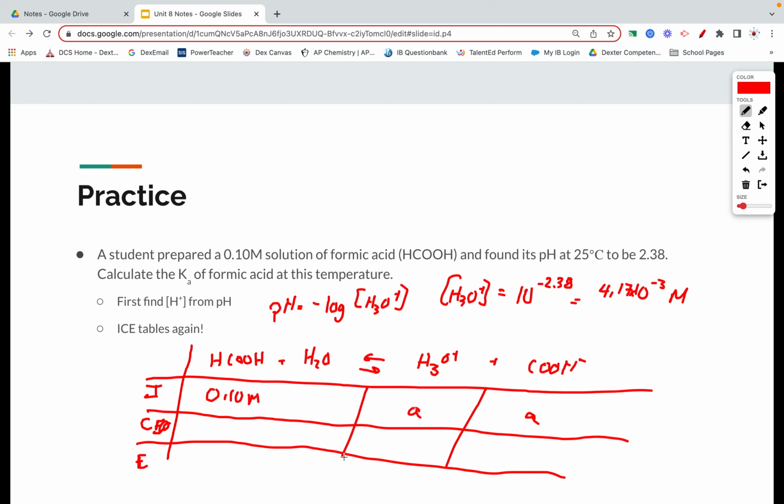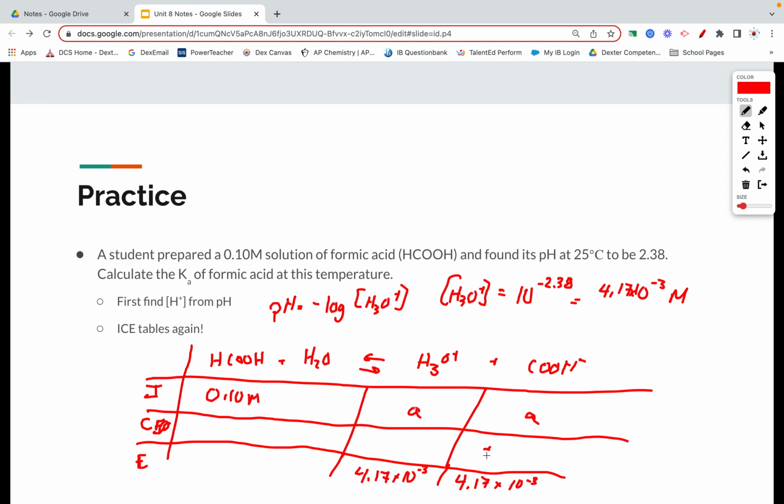And we know our equilibrium concentration because we have our pH, and our pH is based upon our equilibrium concentration. So we know that it's 4.17 times 10 to the negative third, and it's a 1-to-1 ratio in our equation, so it's also 4.17 times 10 to the negative third.